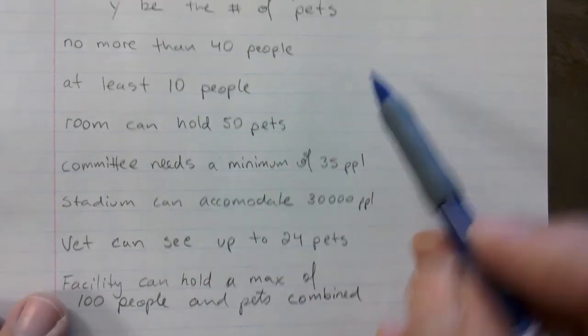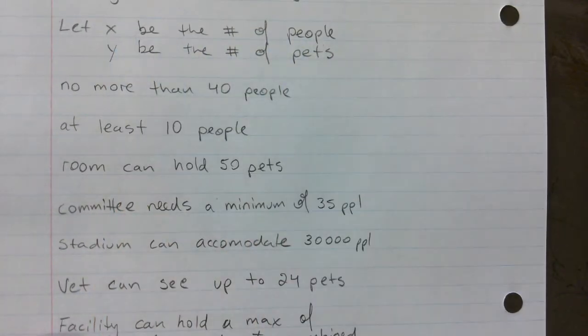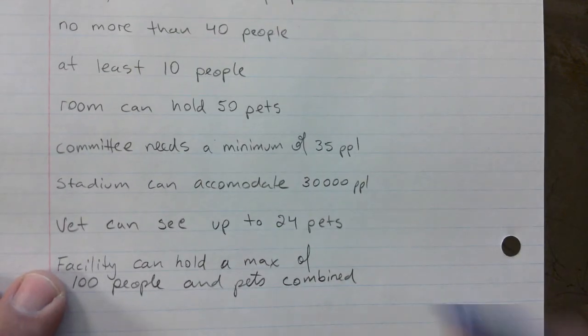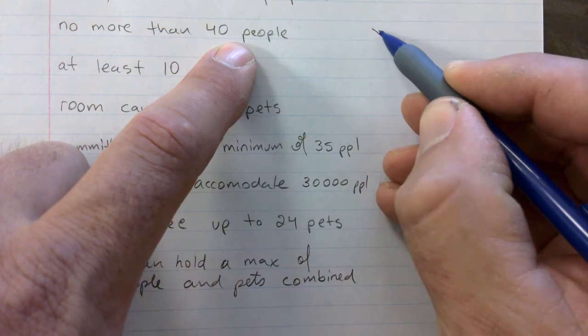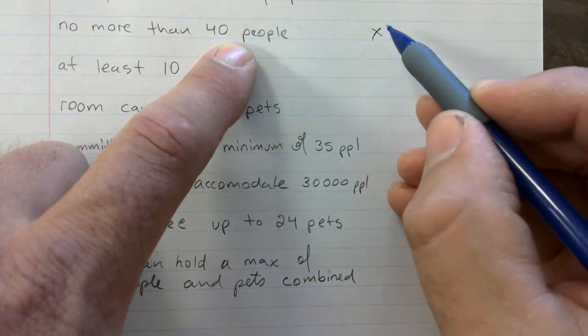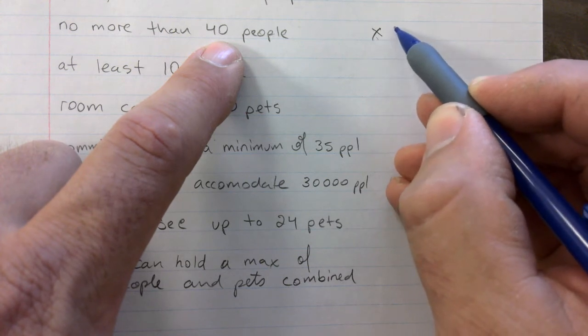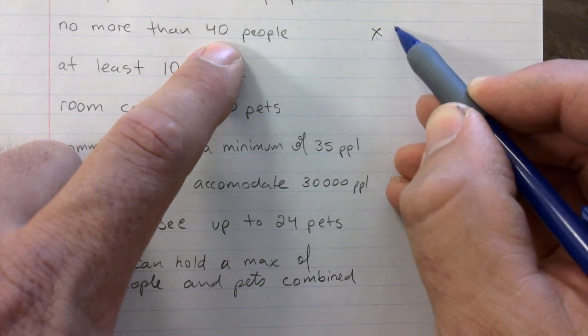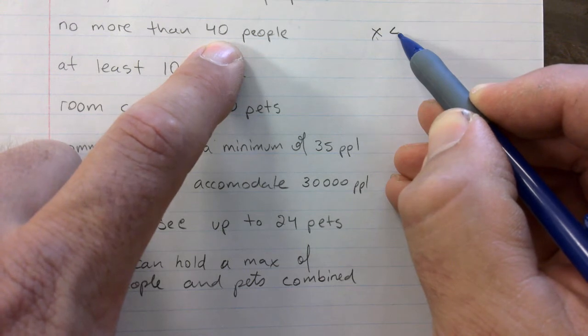And we already determined, right, that X is number of people, Y is number of pets. We've already determined that. So no more than 40 people. So obviously we're talking about the variable x, and we're saying that this can be no more than 40. So can it be equal to?